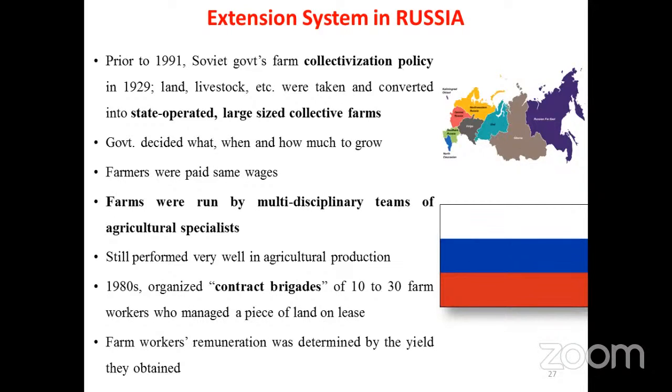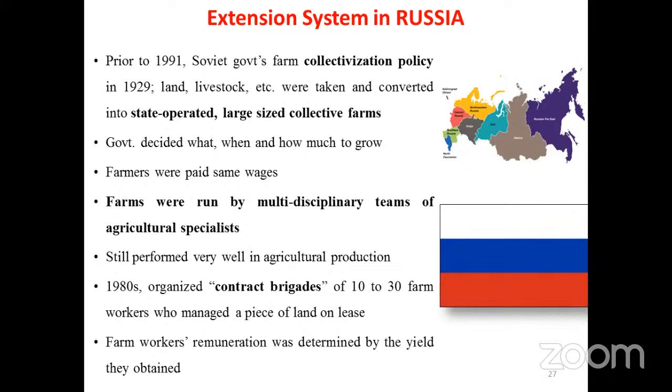So they converted into state-operated large-size collective farms where farmers worked as wage laborers. And the state would decide what they are going to grow, when they are going to grow, how much they are going to grow. But since scale comes into play, they had very good agricultural production there.